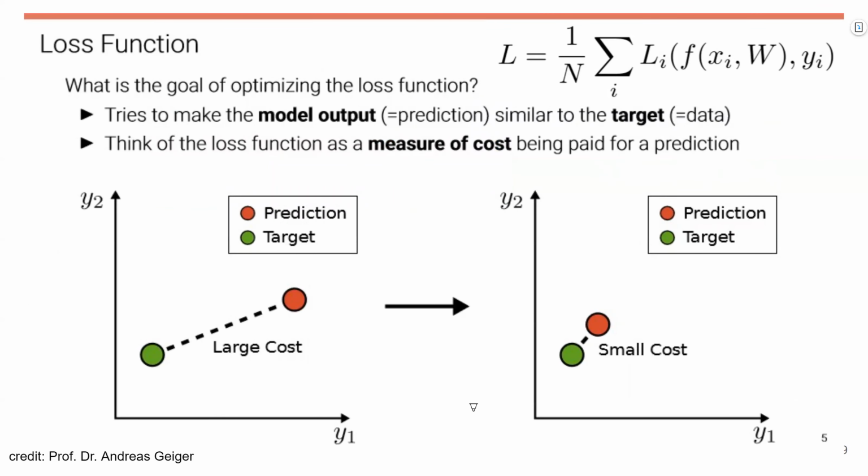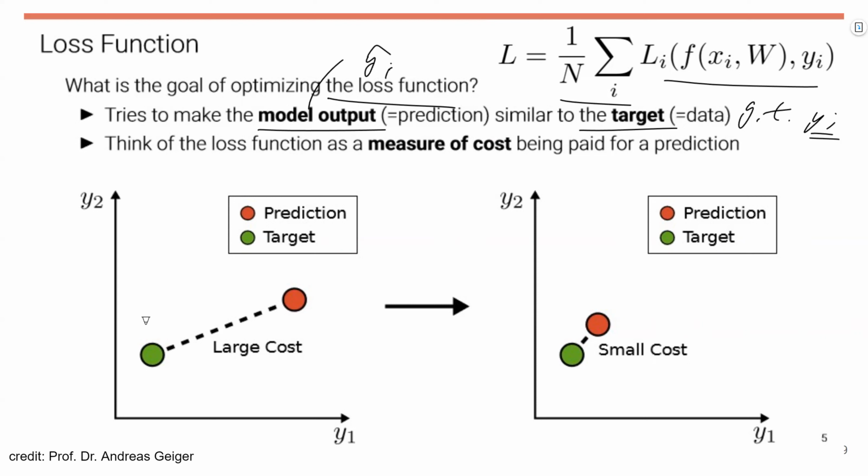And what is the goal of optimizing this loss function, calculating the average loss over all data examples? We want to make the model output similar to the target, meaning the ground truth label y sub i. So we want to make the model output y_i hat and y_i similar.